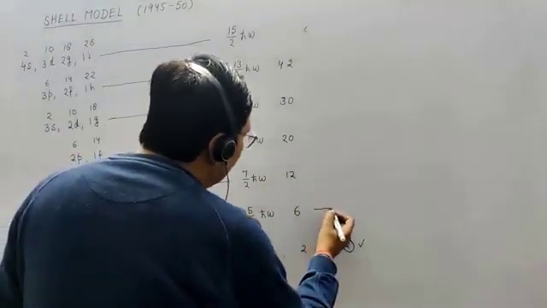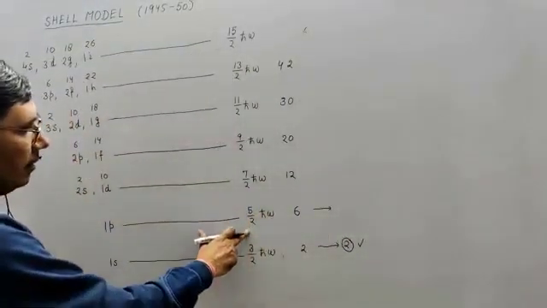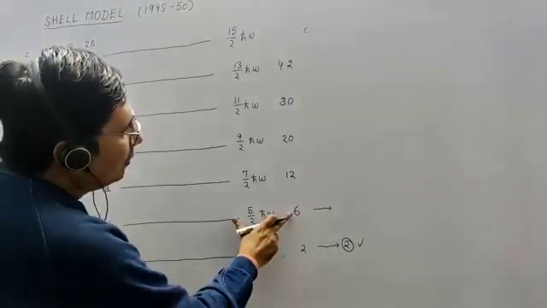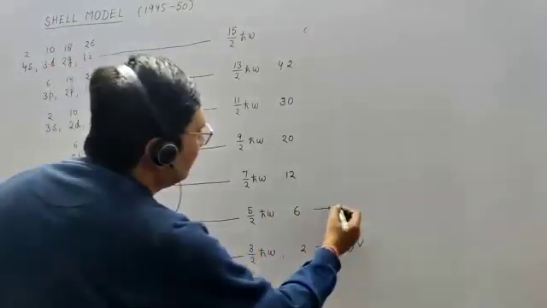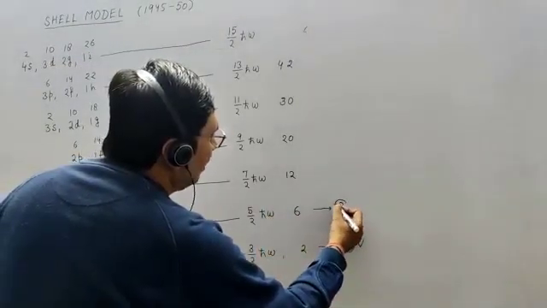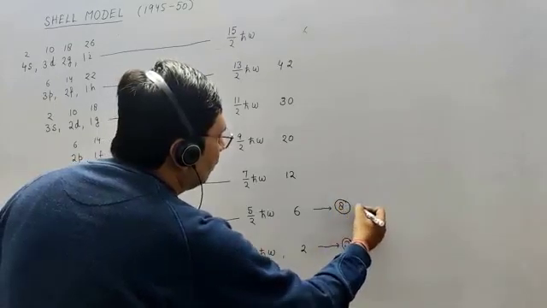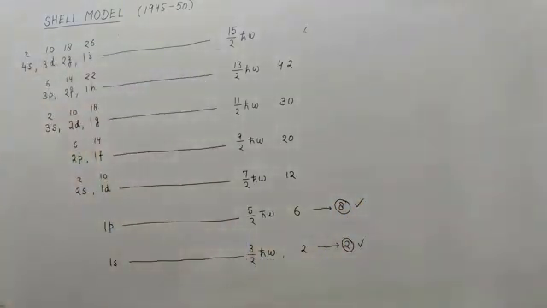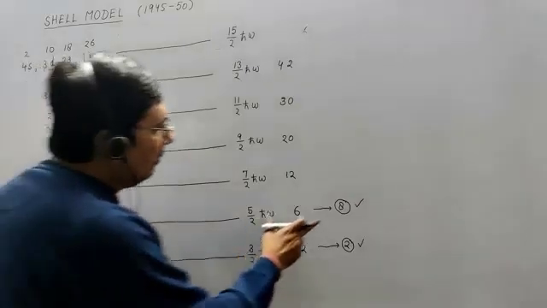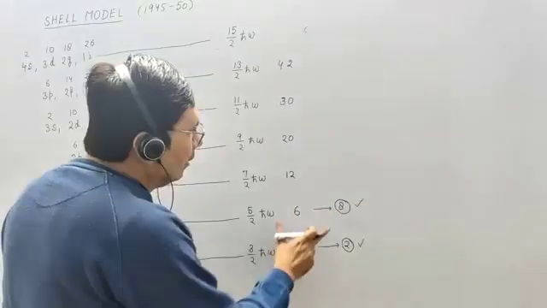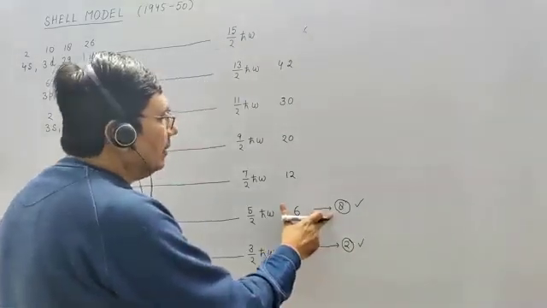The second energy level will be completed when the total number of protons and neutrons is 6 plus 2, which is 8. If the total is equal to 8, then the second level will be completed, and we obtain the second magic number. So this 8 is the second magic number.